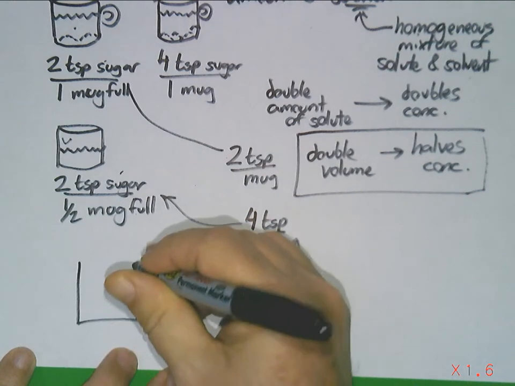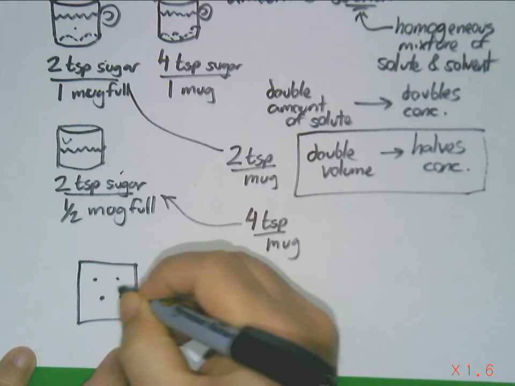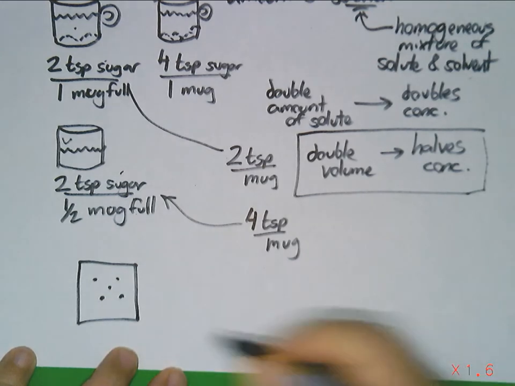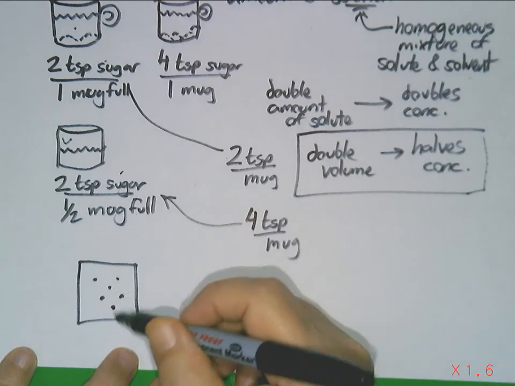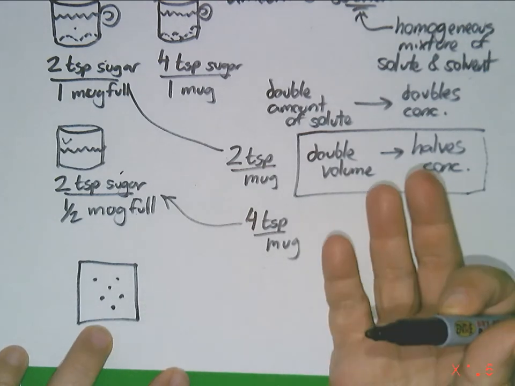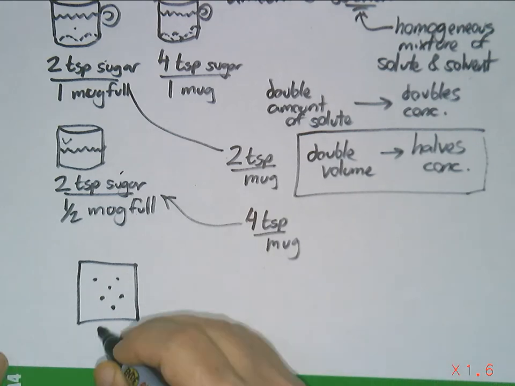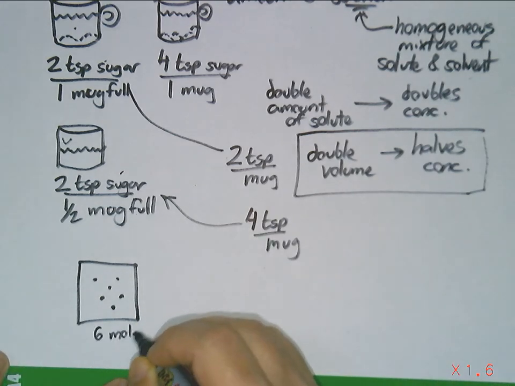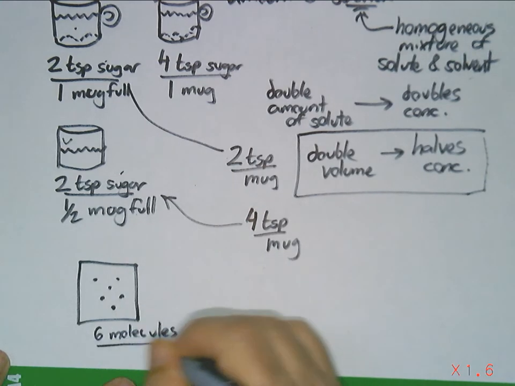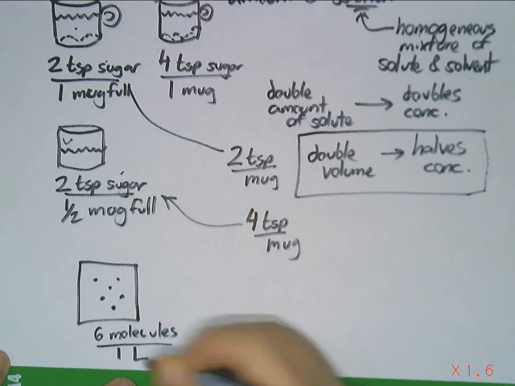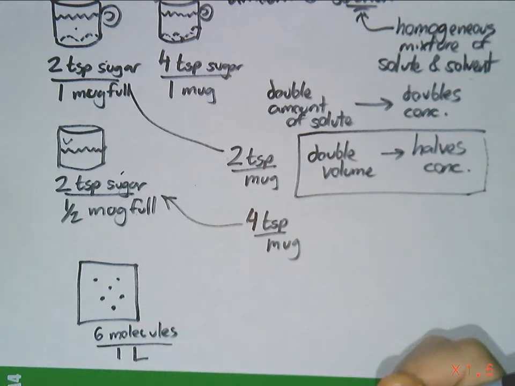Suppose I've got a box here, and it's a solution, and it's got some molecules of that stuff in there. I can say the concentration is the amount of solute, which maybe is 6 molecules. And maybe this box is a 1 liter box. So I can say my concentration there is 6 molecules per liter.